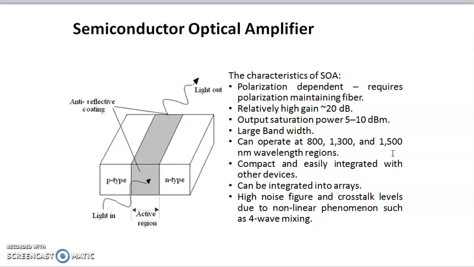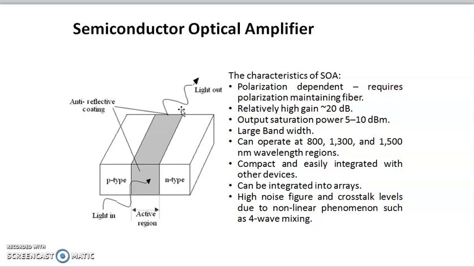You see here that the active medium has a length, width and a height, and the end facets have a reflectivity. This end and that end have different reflectivities, and these reflectivities are around 0.3.